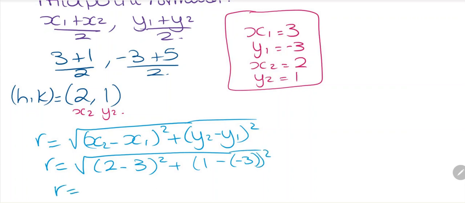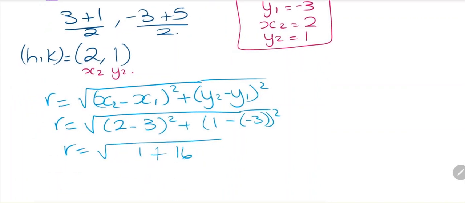So 2 minus 3 is minus 1, squared that's just going to be 1. And then we have 1 plus 3 is 4, squared, so that's plus 16. So our radius is going to be root 17. So the radius squared, if that's root 17, will be 17.